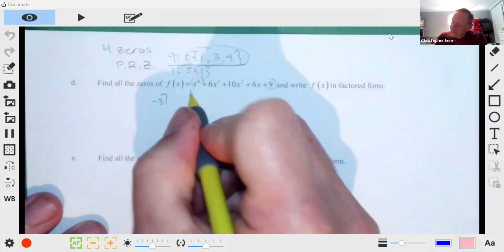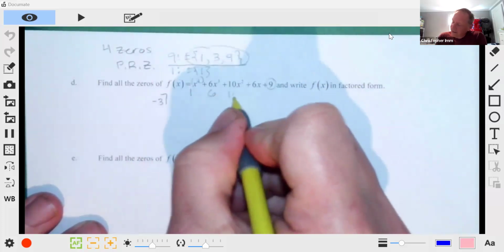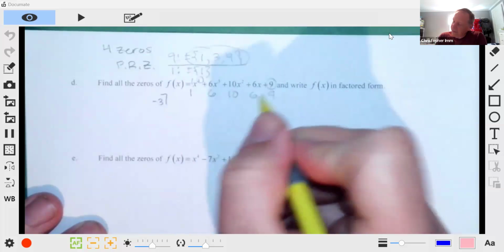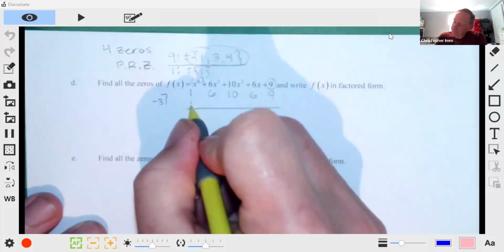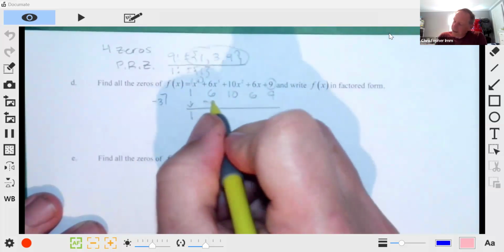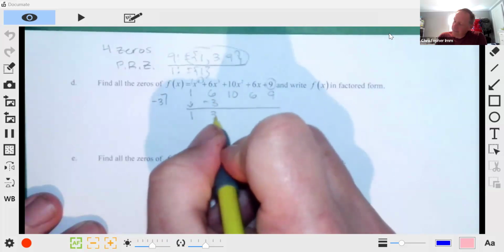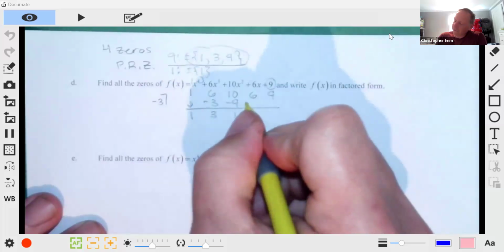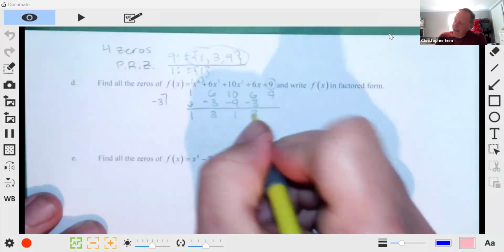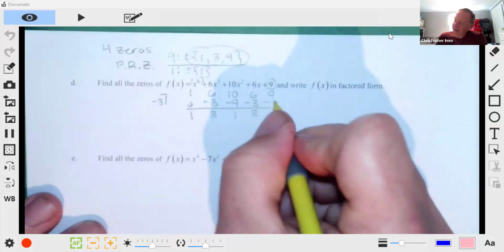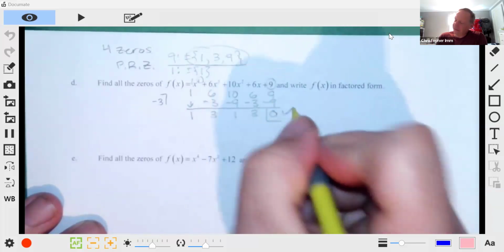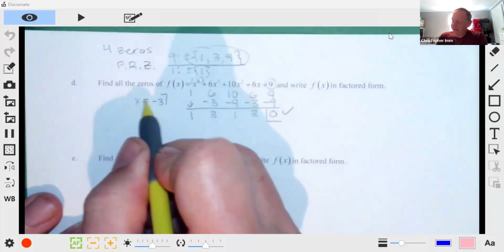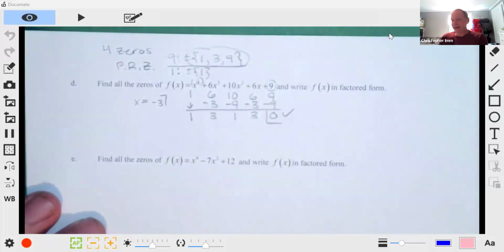So my coefficients are 1, 6, 10, 6, and 9. Multiply, add, multiply, add, multiply, add, multiply, and add, and we do get a 0. So yep, x equals -3 is a zero, just as we thought.